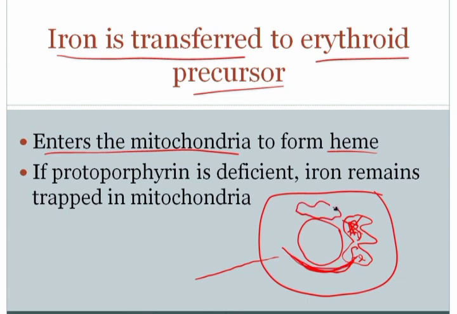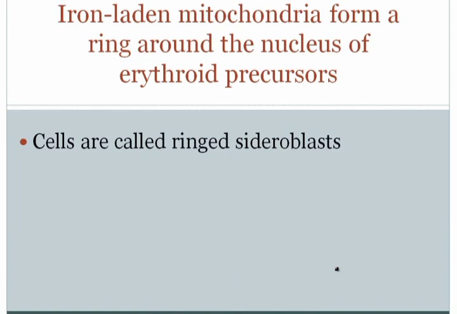Mitochondria are generally present all around the nucleus, and each of them is going to become loaded with iron. And as they become loaded with iron, that's going to create a ring of iron-loaded mitochondria around the nucleus of the cell. And that creates the classic cell that's seen within sideroblastic anemia, which is called a ringed sideroblast. And so that's what I'm saying here in this particular slide.